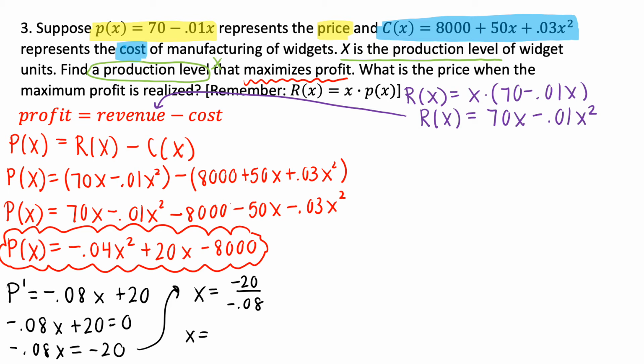Doing that division, we get x equals 250. So we only have one value here, so our production level that's going to maximize our profit is 250. So let's write out 250. What are we selling here? Widgets. 250 widgets is our maximum production level.